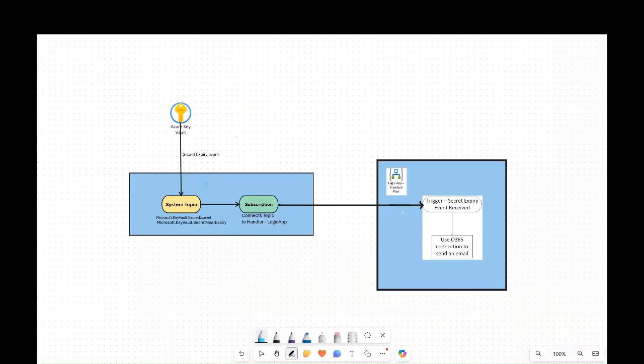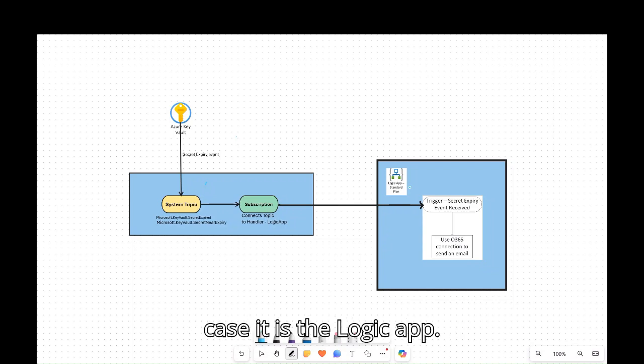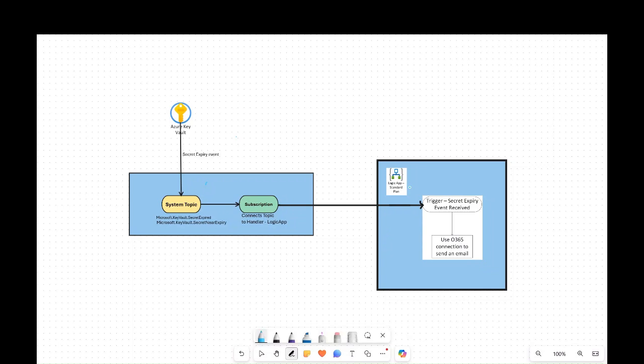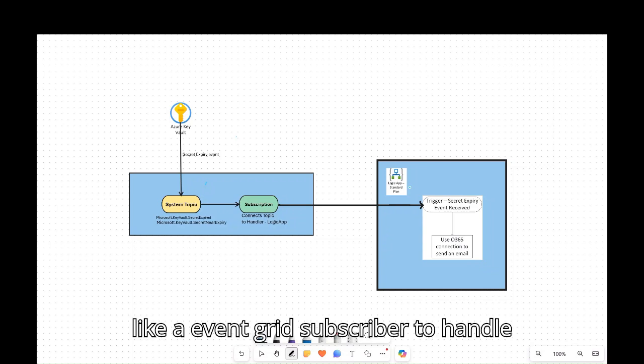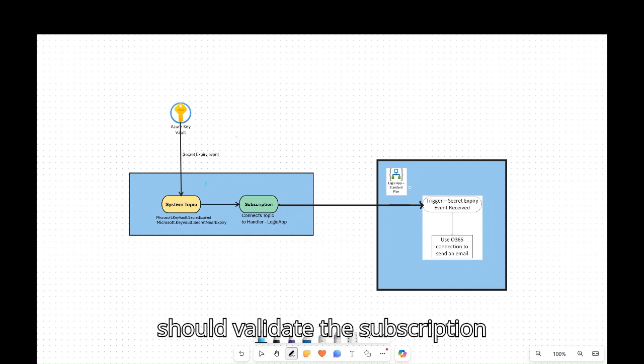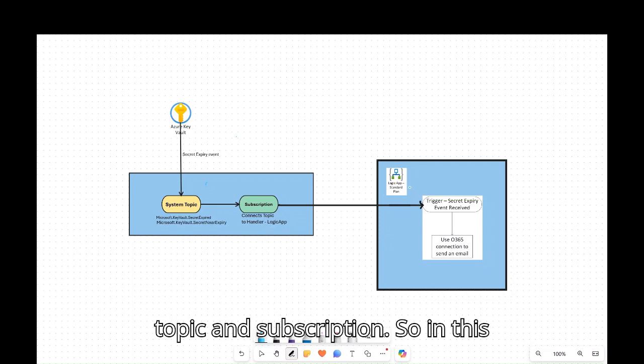What does it mean? Whenever logic app wants to act like an event grid subscriber to handle the events, logic app first should validate the subscription handshake to agree that it is accepting to receive the events from the topic and subscription.